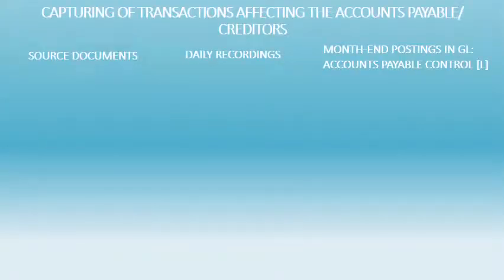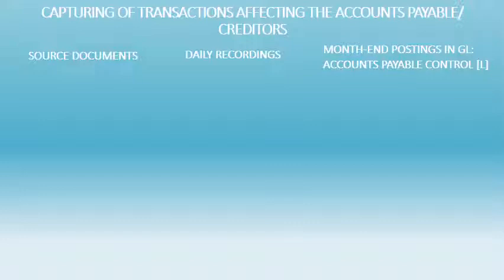We have captured the source documents affecting creditors into various subsidiary journals and posted totals into the accounts payable control in the general ledger. In this lecture, these source documents will be recorded in the accounts payable subsidiary ledgers, representing a group of separate creditors' accounts.